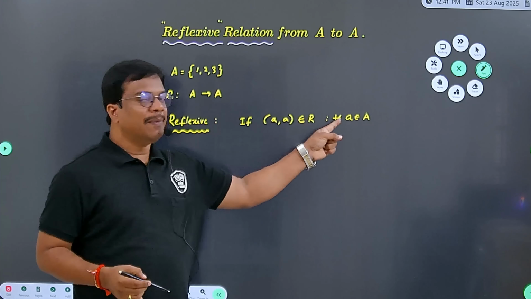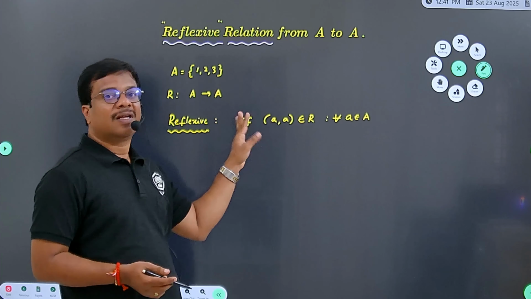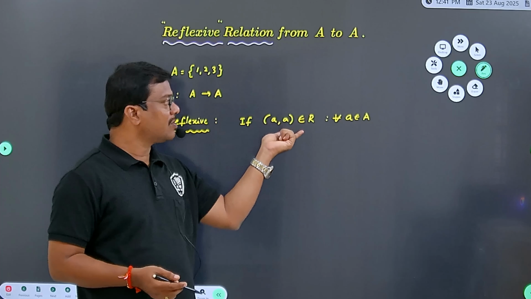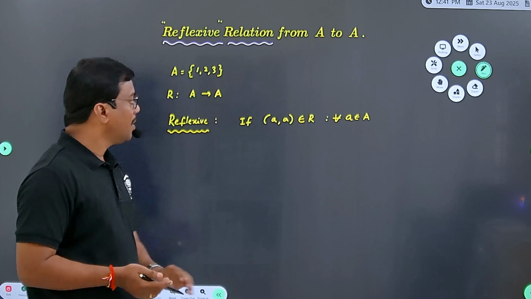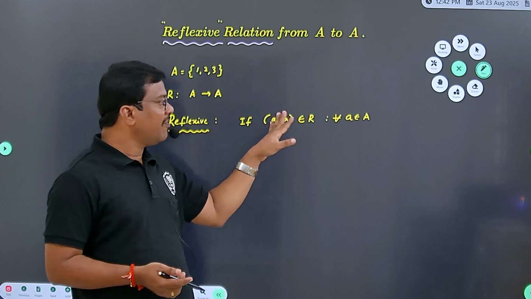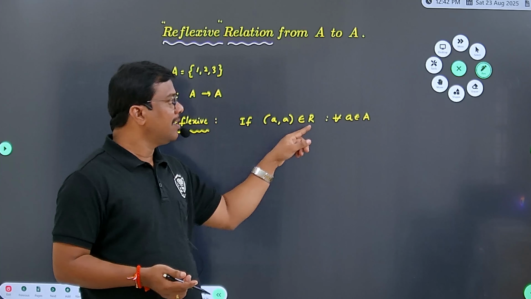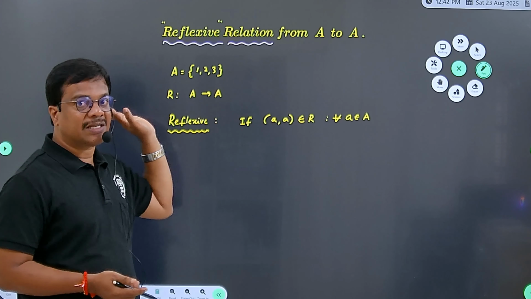Small a is an element from set capital A. If the ordered pair (a, a) belongs to R for all a belongs to A, here the ordinate and abscissa are both the same in case of reflexive. If (a, a) is present in the relation for all a belongs to A, then it is a reflexive relation.